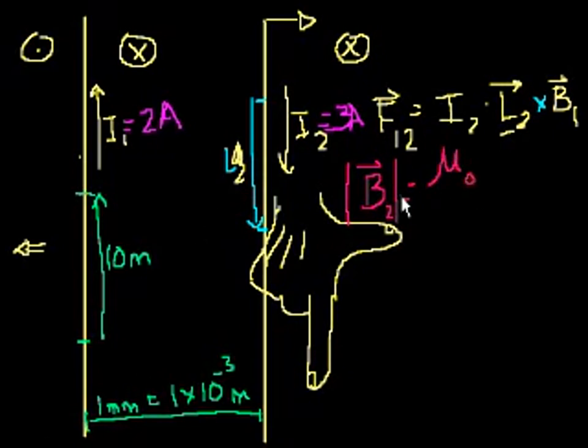So it's equal to that constant, the permeability of a vacuum, times I2, it's just a magnitude. And remember, we figure out the direction by wrapping our hand around it. We'll do that in a second. Divided by 2 pi times the radius.